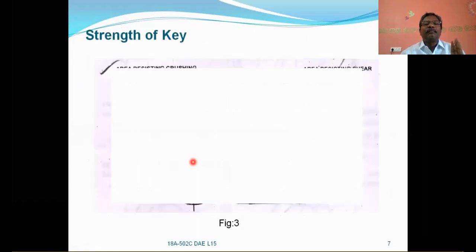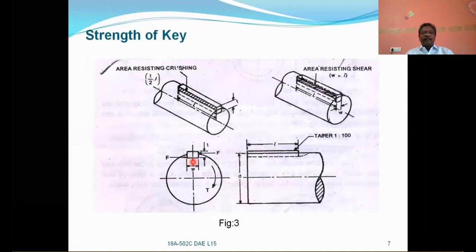Strength of the key. Here you can see F is the tangential force acting at the surface of the shaft on the key. Thereby half of the thickness of the key is crushed by the hub, and half of the thickness of the key is crushed by the shaft.